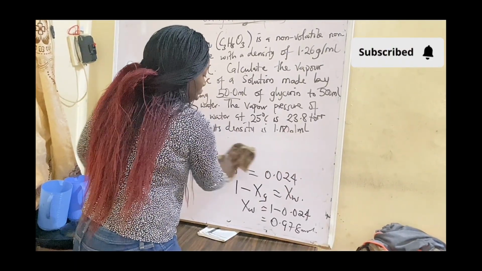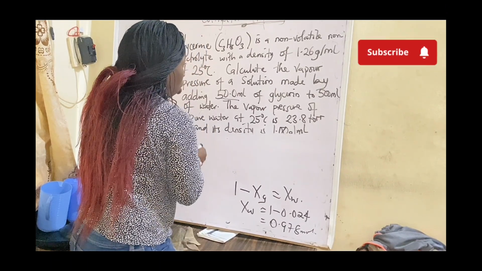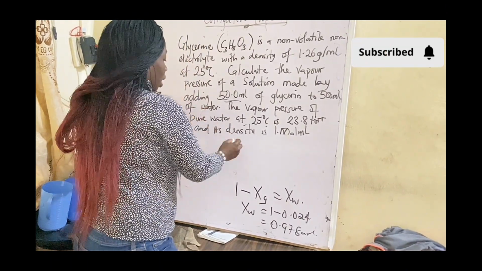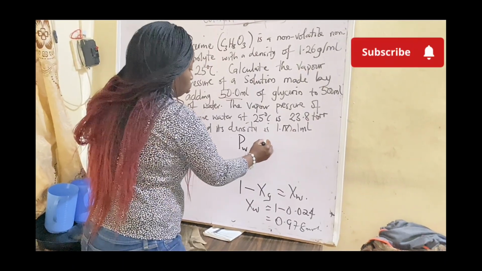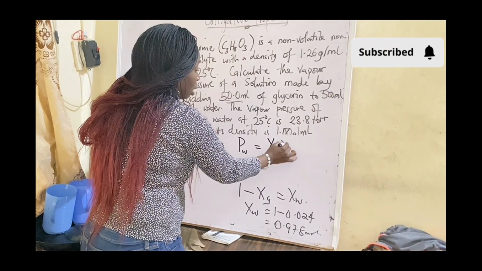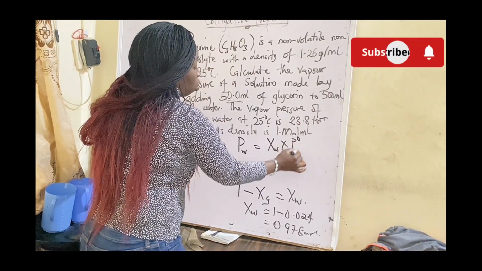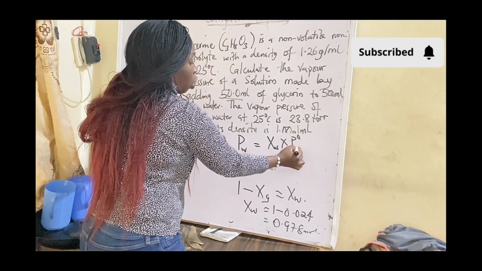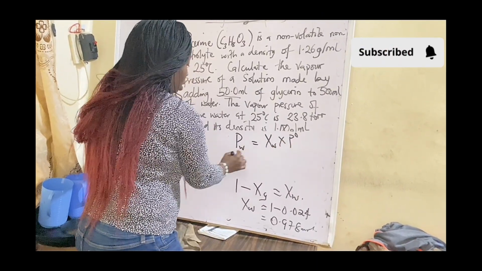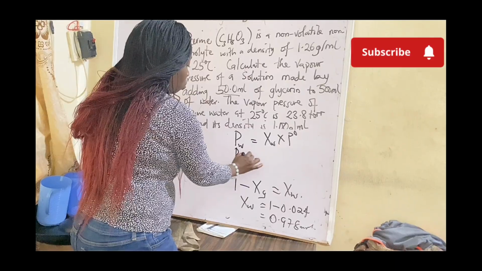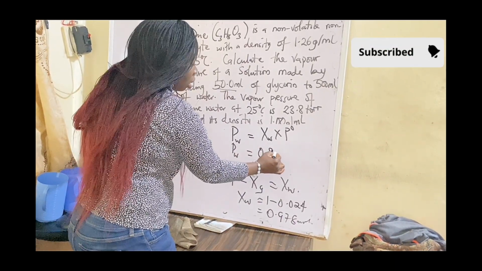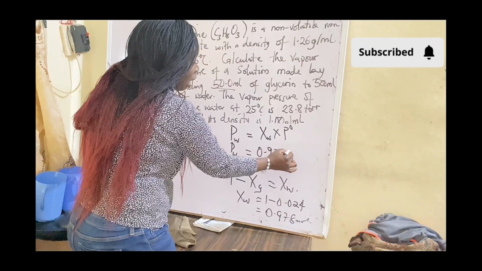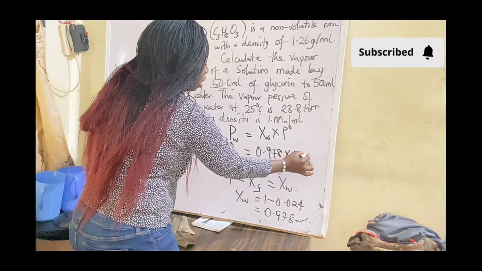Then from there we will now calculate the vapor pressure of water. The vapor pressure of water is equal to mole fraction of water times the pure solvent vapor pressure of water, so PW equals 0.978 times 23.8.